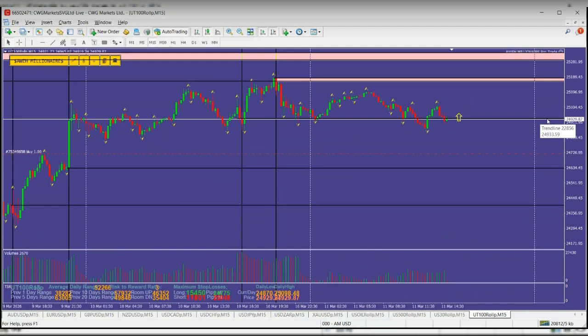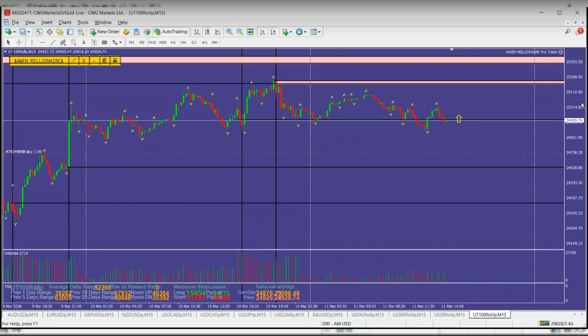So I'll actually do it like this so we can see. Okay, and these will be the levels of focus for NASDAQ US 100 for the CPI session today.